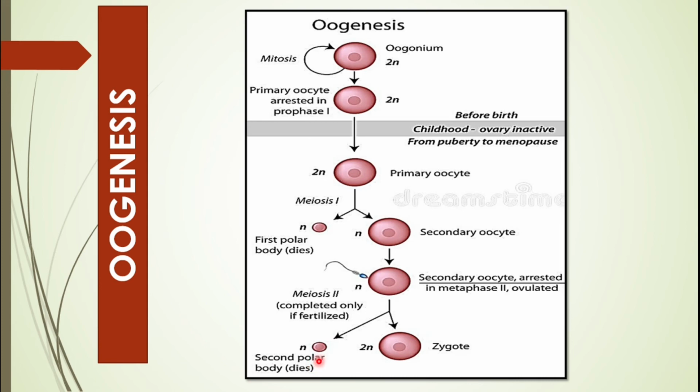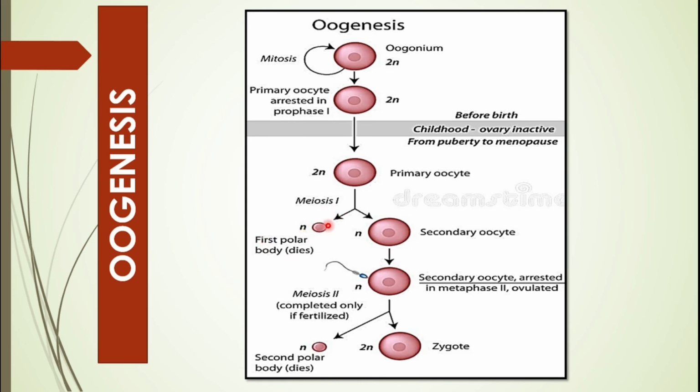So in the case of human beings, there are two polar bodies produced, the first polar body and the second polar body. Usually, we know that during meiosis, the secondary oocyte divides into two cells, and similarly the first polar body should also be dividing into two more cells. However, the first polar body is dying.